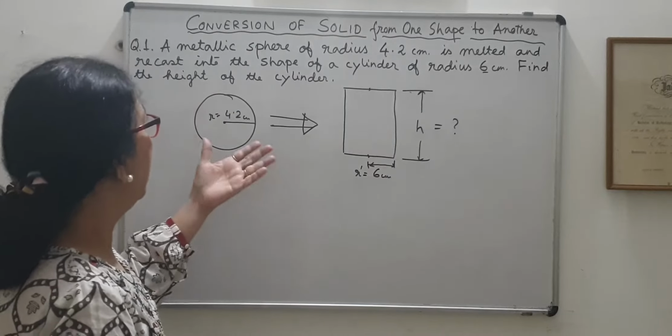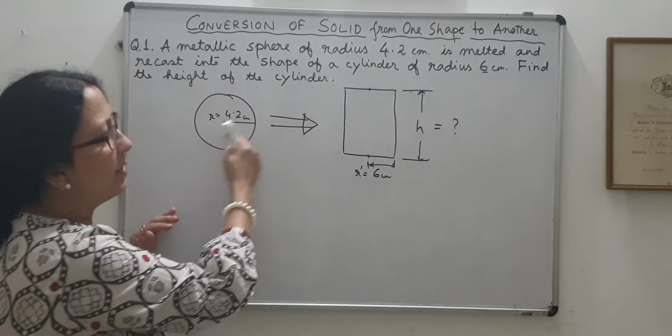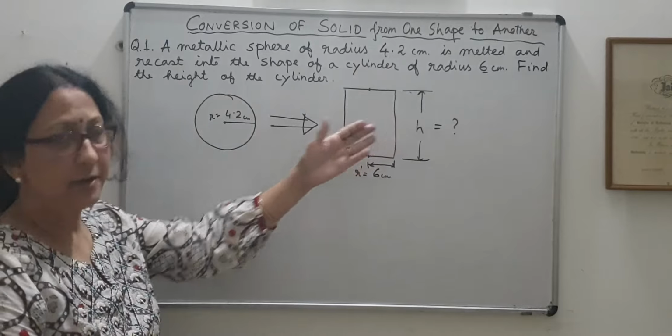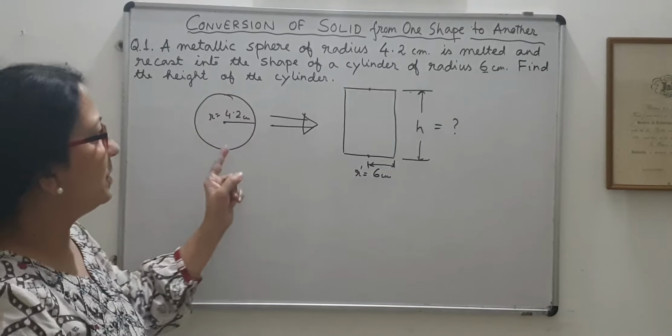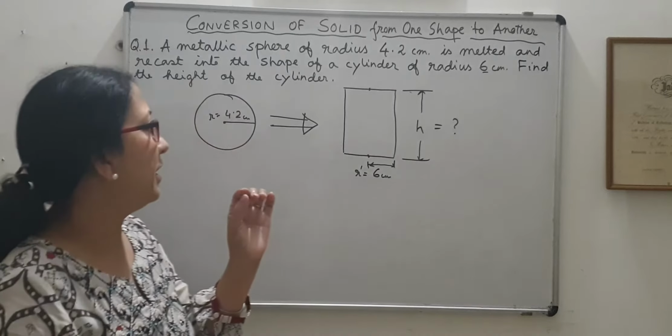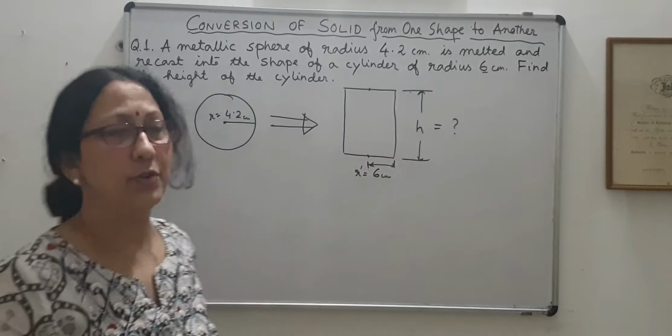So now you see, when this is converted into this, what happens? Their material content will be the same. That means the volume of this sphere will be the same as the volume of the cylinder. That is our key idea to solve this kind of question.